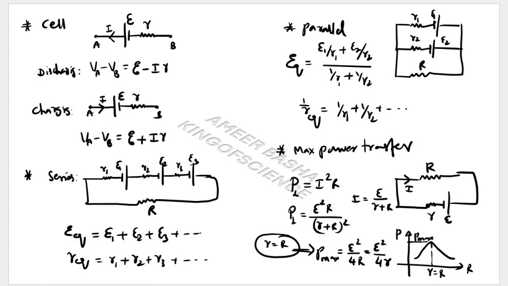Then very important theorems, that is Kirchhoff's current law. The sum of the currents which are approaching a junction is equal to the sum of the currents which are leaving a junction. Then Kirchhoff's voltage law: in a loop, the sum of the potential drops will be equal to 0.